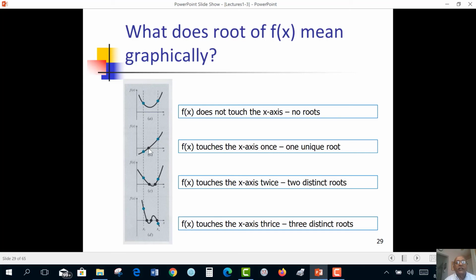Since it touches the x-axis only at one place, we have one unique root. Let's consider another curve, this one. Here the curve touches the x-axis at these two black spots, so two distinct roots. Here it touches three places, three distinct roots.